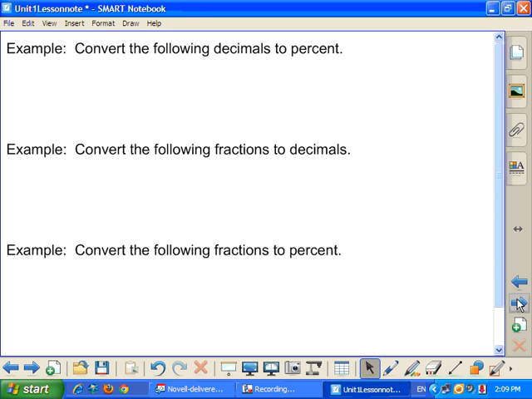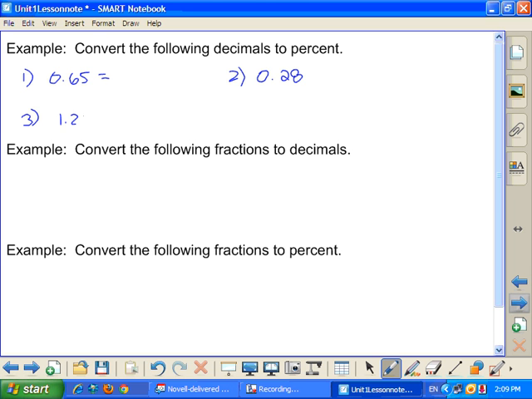Convert the following decimals to percent. Let's go with 0.65, and my second example is 0.28. Third example, what happens if I have 1.25? And the fourth example, 0.003.